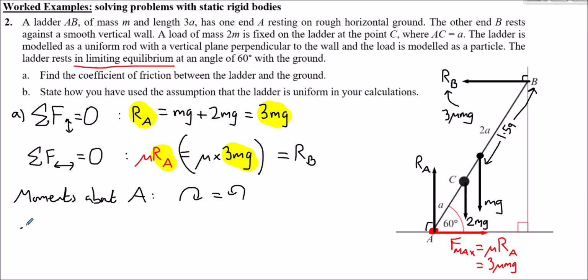So we've got 2mg. That's a force. The moment is a force multiplied by the perpendicular distance of the line of action of that force to the pivot we're taking the moment about. So we don't know it yet. What we do need to find out though is this distance here. So from 2mg to A, we need this distance in blue.